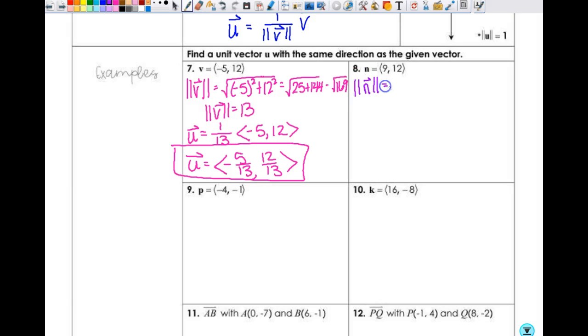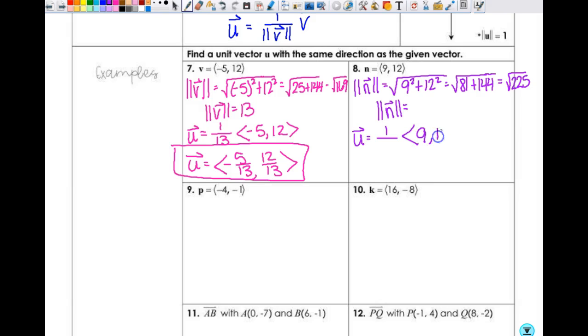Where's my calculator? Oh, calculator. I know. Poor little you.